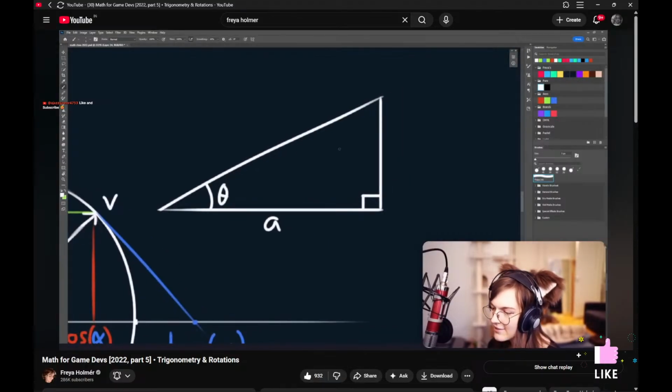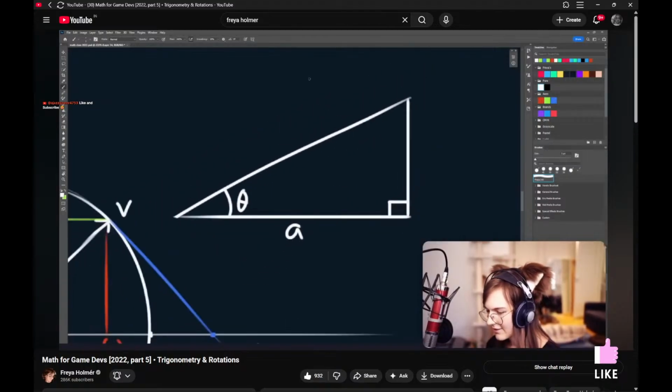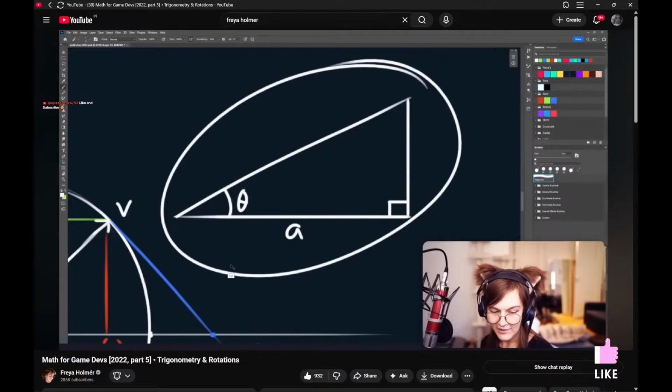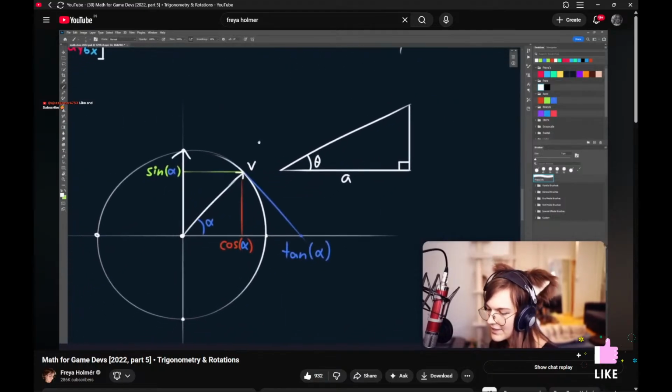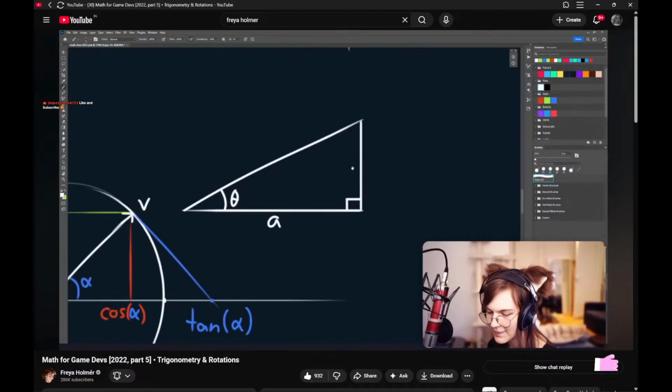Then you can calculate the other two sides using the trigonometric functions. There are lots of different ways to do triangle solving, but they all come back to this relationship right here.